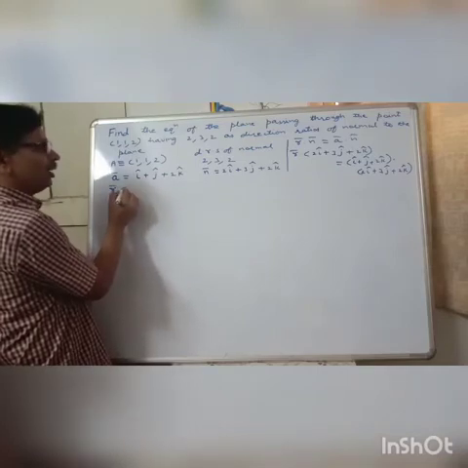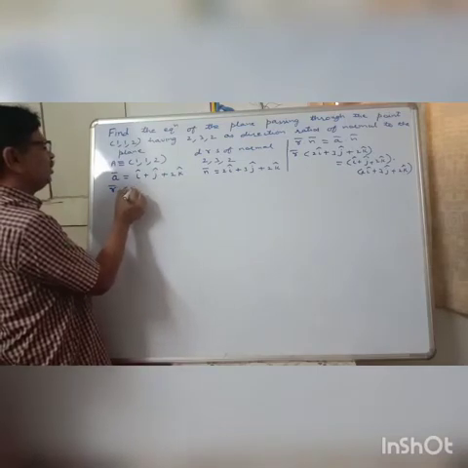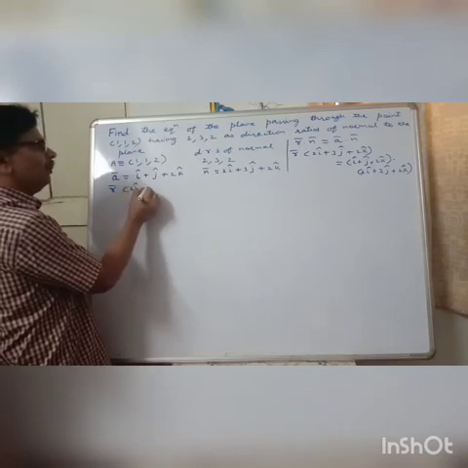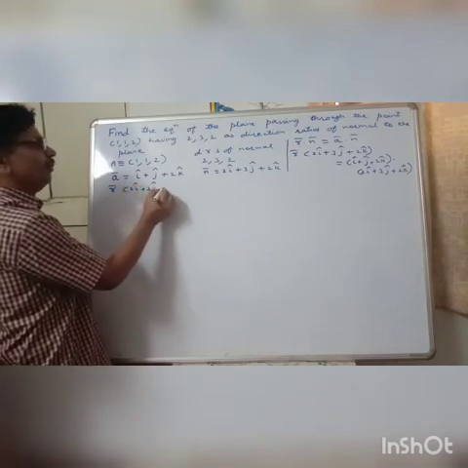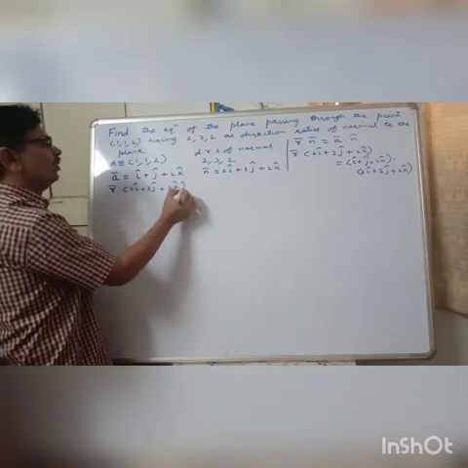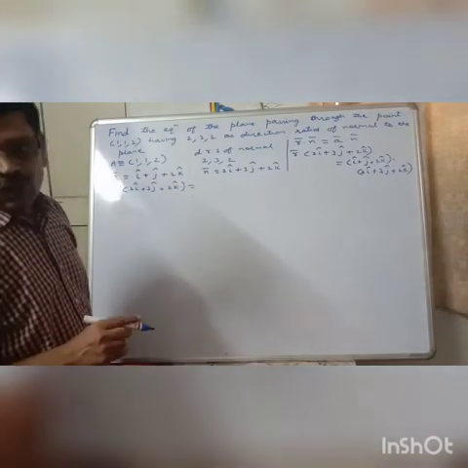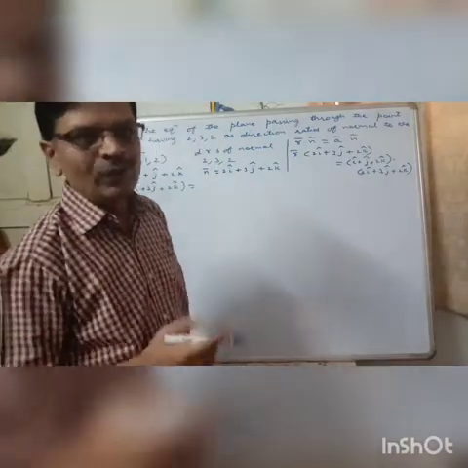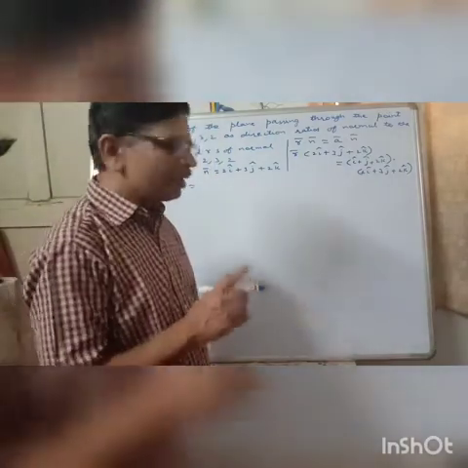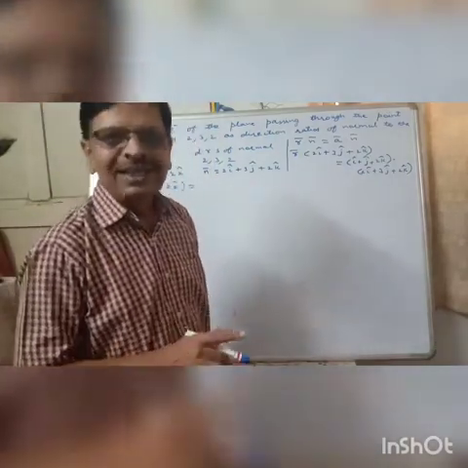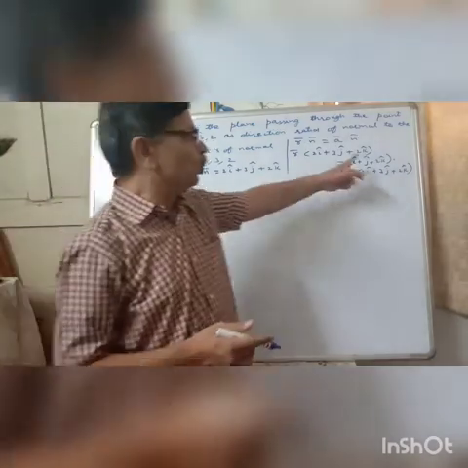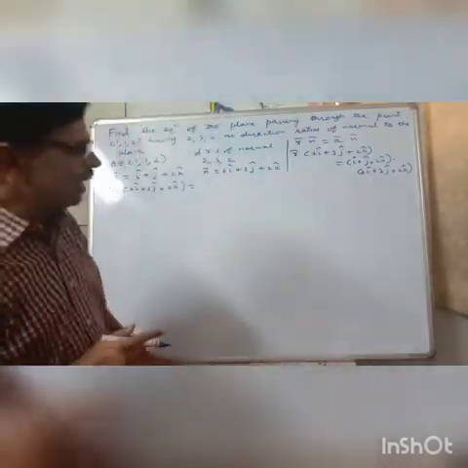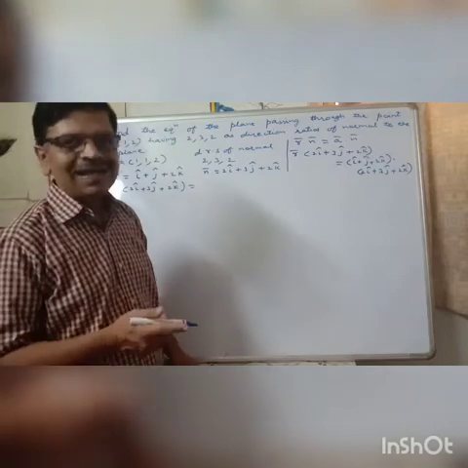r bar dot LHS as it is 2i plus 3j plus 2k equal to, on right hand side there is dot product of two vectors, and dot product of two vectors is a scalar quantity. Here both the vectors, they are expressed in terms of i, j, k.